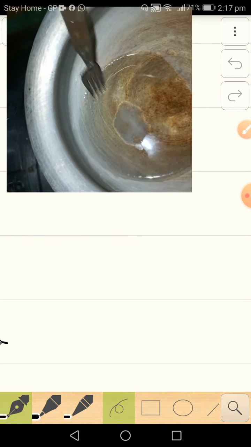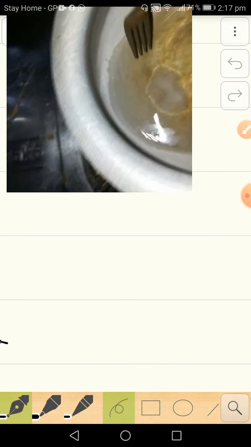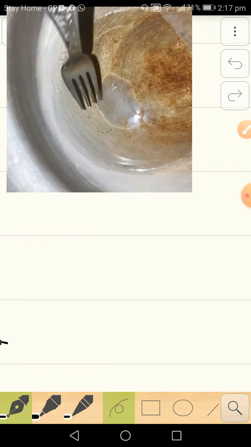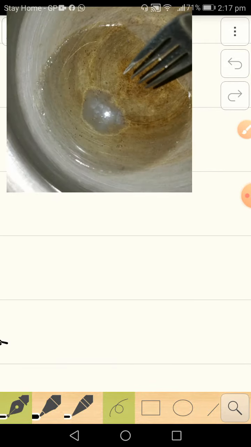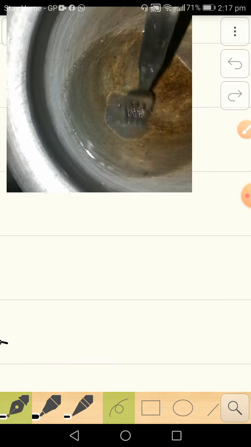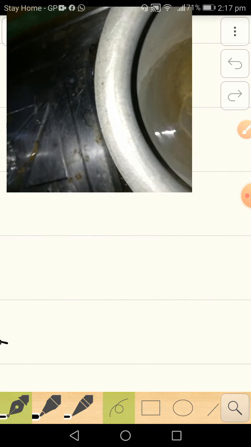These granules are the salt crystals. All these floating things are also salt crystals that will soon fall to the bottom of the container, and these are the salts that have already been collected.